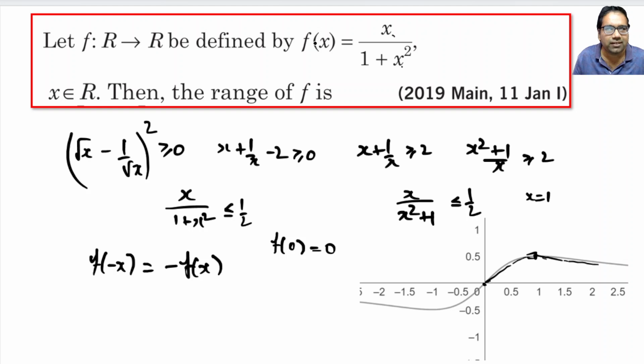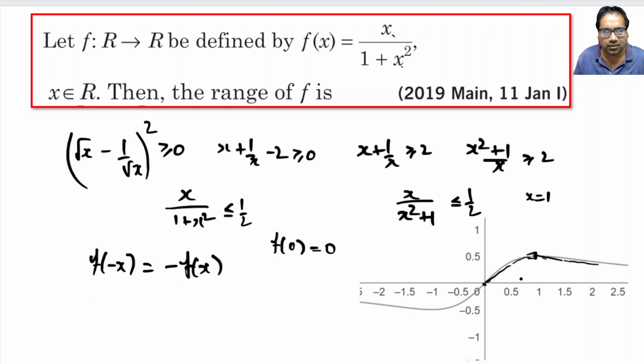Now this f of x is an odd function. What does that mean? It is a mirror image, whatever x, y we have. f of minus x is equal to minus of f of x.